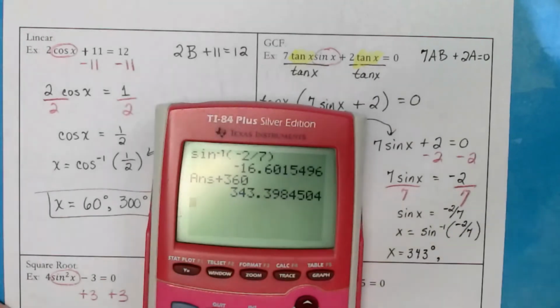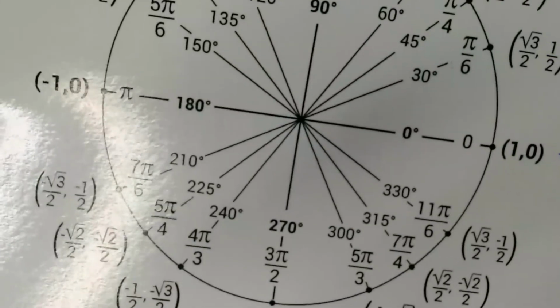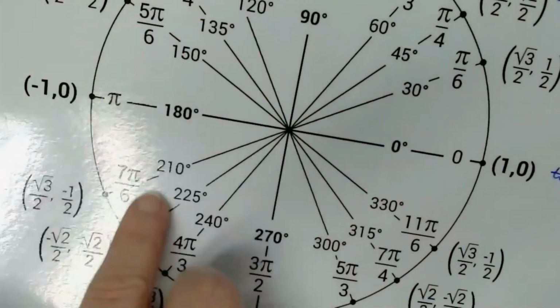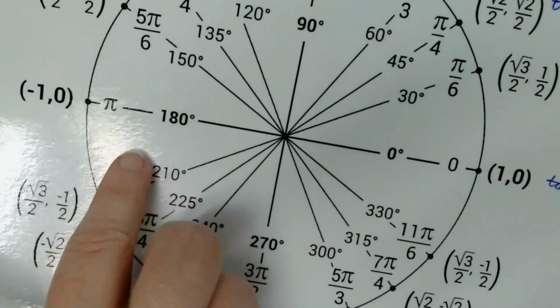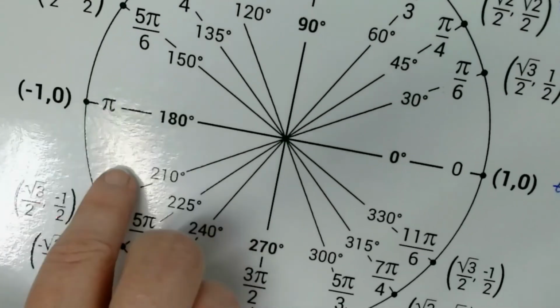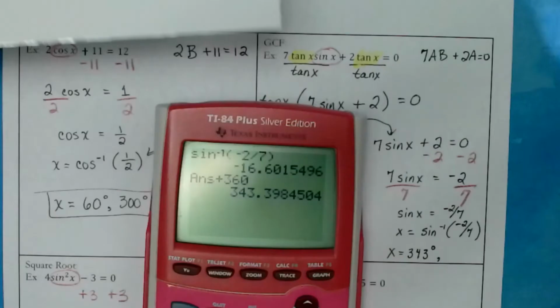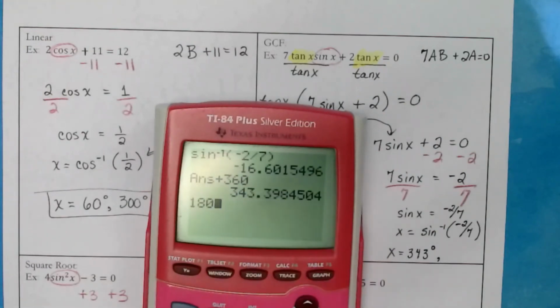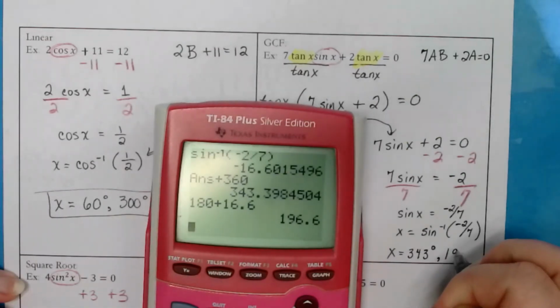Okay, but where is the angle in quadrant 3? Quadrant 3, I need that same angle in quadrant 3 over here. So between 180 and 270. So I need to go 16 something. What was it? 16.6. So I'm going to take 180 and add the 16.6, and that gives me my 196.6.